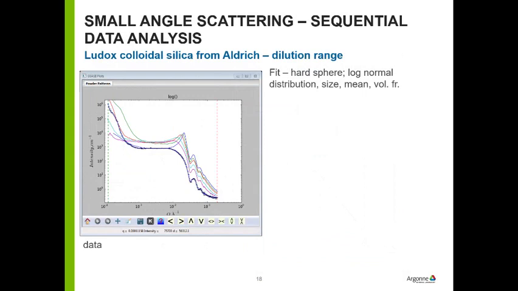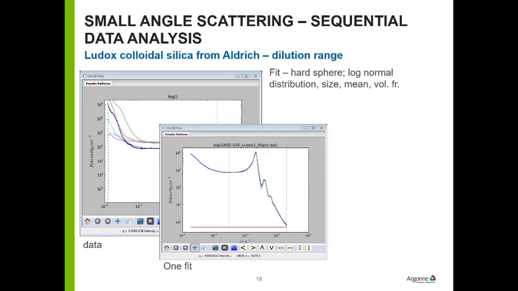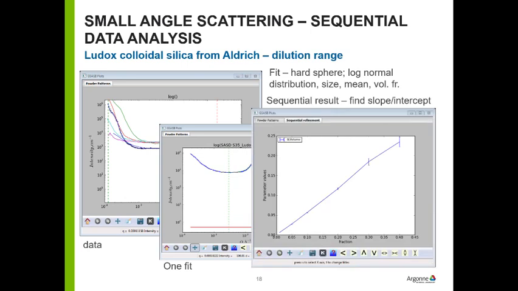You can do this sequentially. So here's a sequence of samples that were fit by diluting some colloidal silica. And so you get a range of small angle scattering patterns. And if you fit one of them, you get something that looks like that. And then if you fit all the rest of them, that was one of these ones.